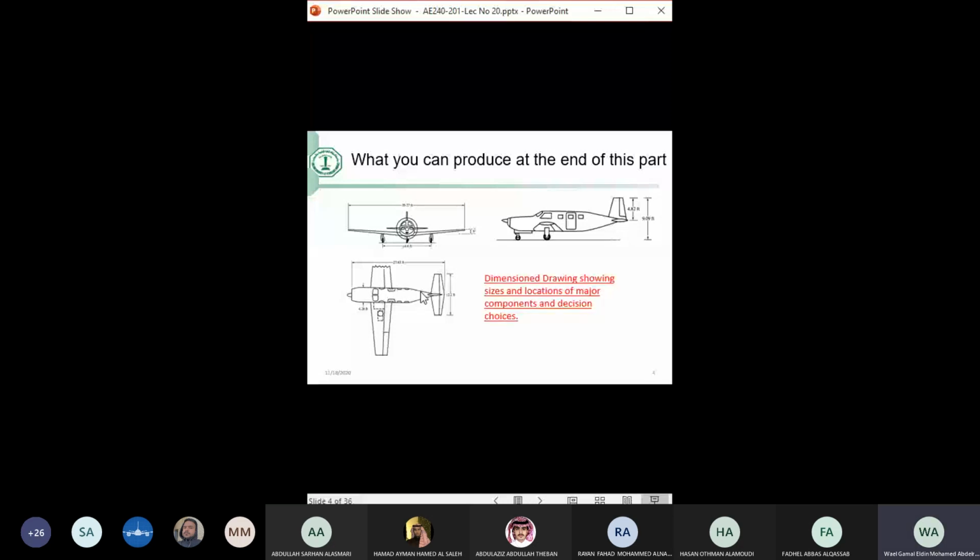So the objective of this part number 4, that will take us about 3 or 4 lectures, is to come up with a dimensioned drawing of the aircraft that will reflect all the numbers that we have generated. In doing so, we will make decisions, and these decisions have to be justified. Mostly we will not be using equations, very few, basically nothing new in aerospace engineering.